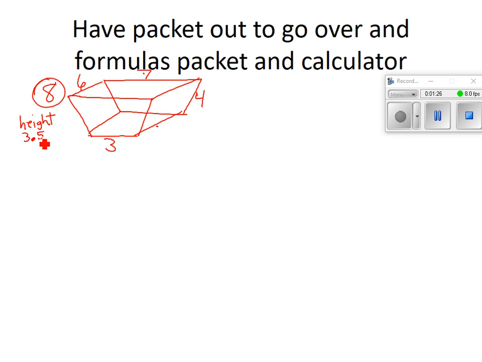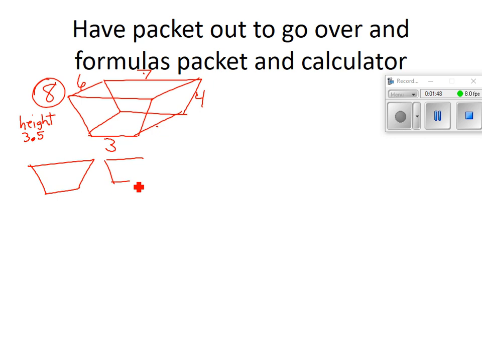Find the surface area. First of all, what shape is this? A trapezoidal prism. What's the base of a trapezoidal prism? A trapezoid, right? So how many trapezoids am I going to draw? 2.